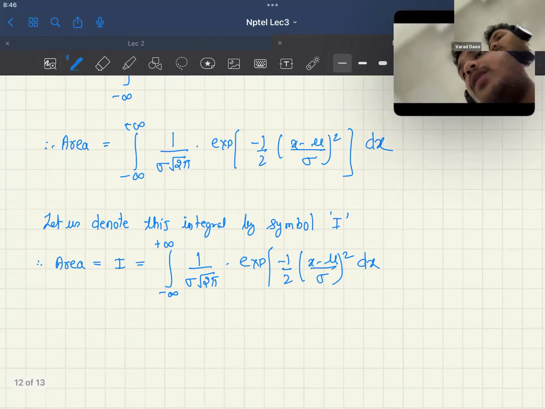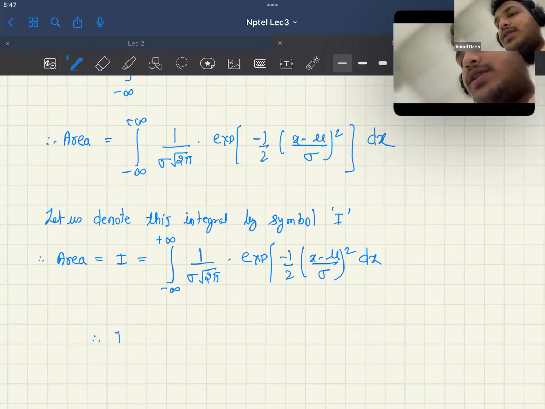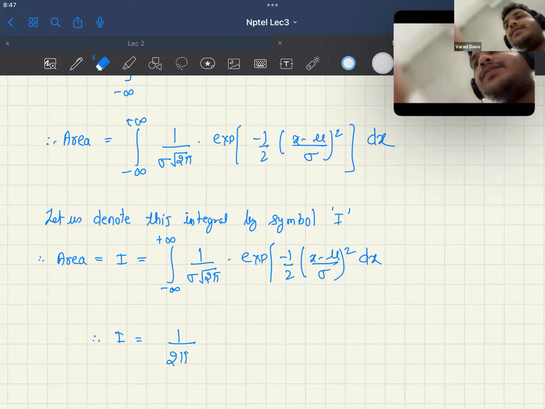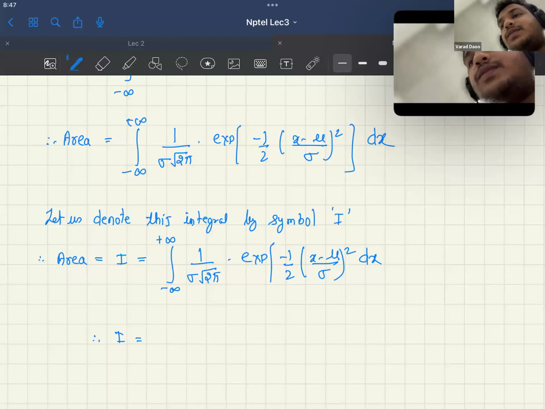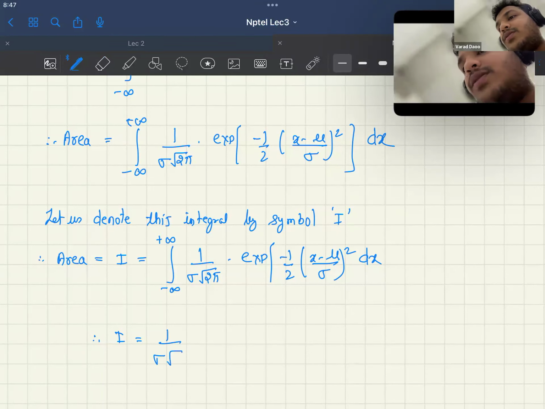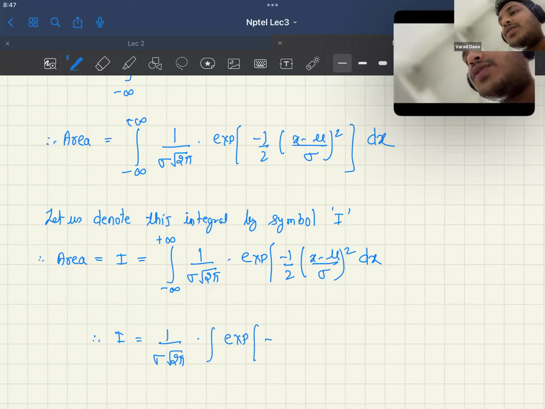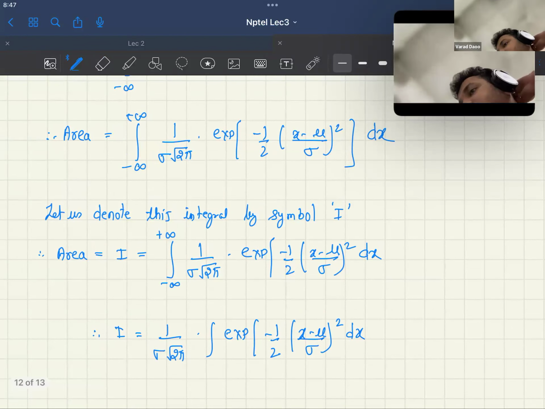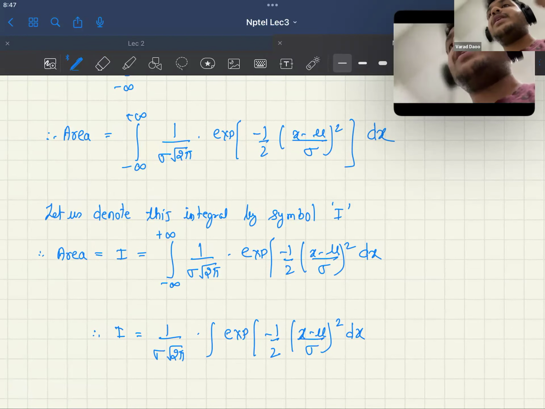Now this sigma and 2 pi are constants, right? Therefore we can take them outside the integral.